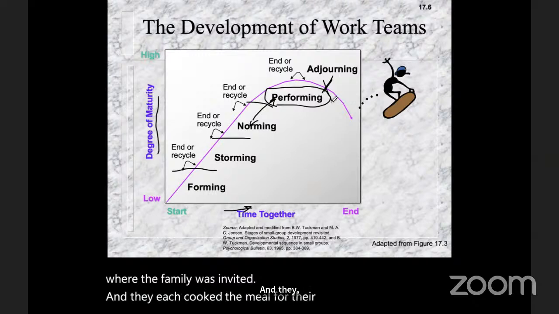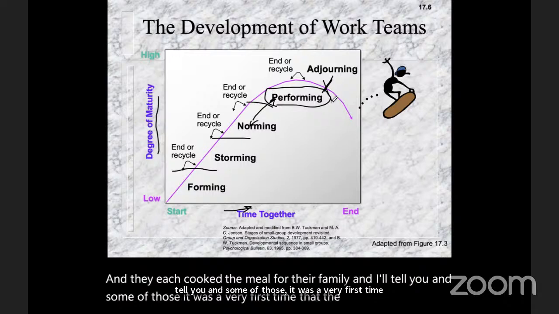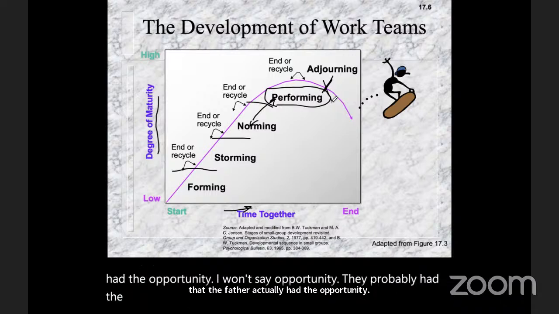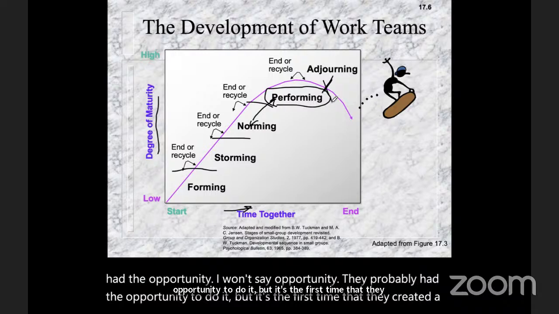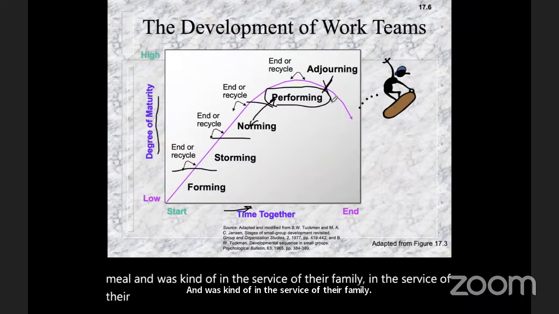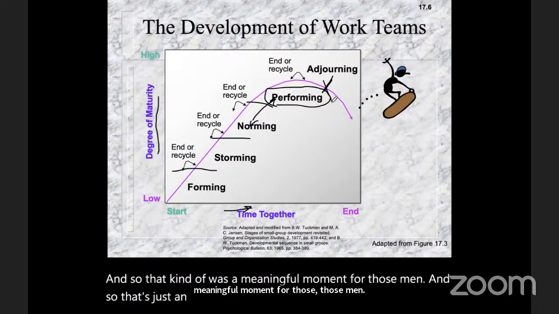And I'll tell you, in some of those, it was the very first time that the father created a meal in the service of their family, in the service of their children. That was a meaningful moment for those men. And that's just an example of an adjourning type thing. Okay.